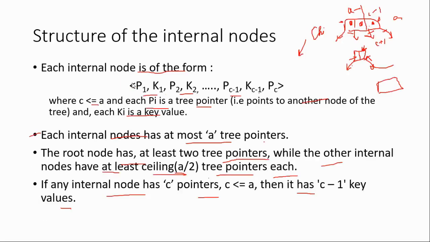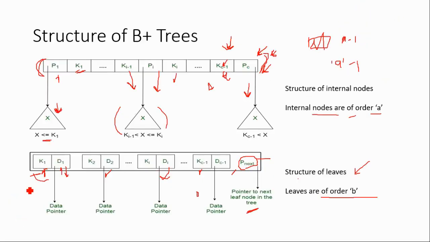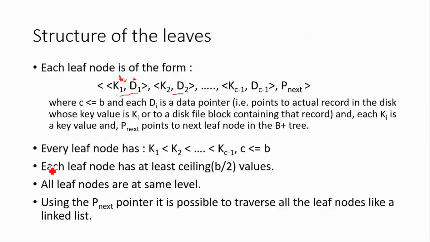As we have seen in the figure, the leaf is represented as a set of key and data pointers, where C is less than equal to B.